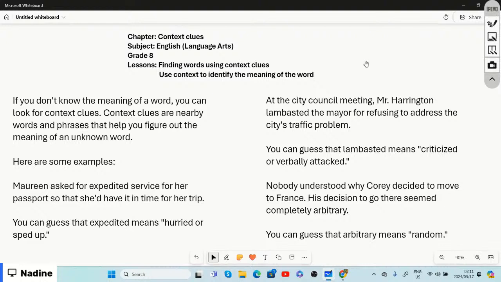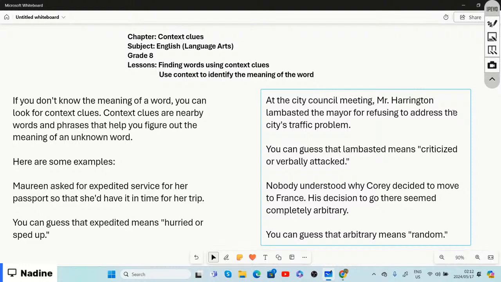So another one says: at the city council meeting, Mr. Harrington lambasted the mayor for refusing to address the city's traffic problem.